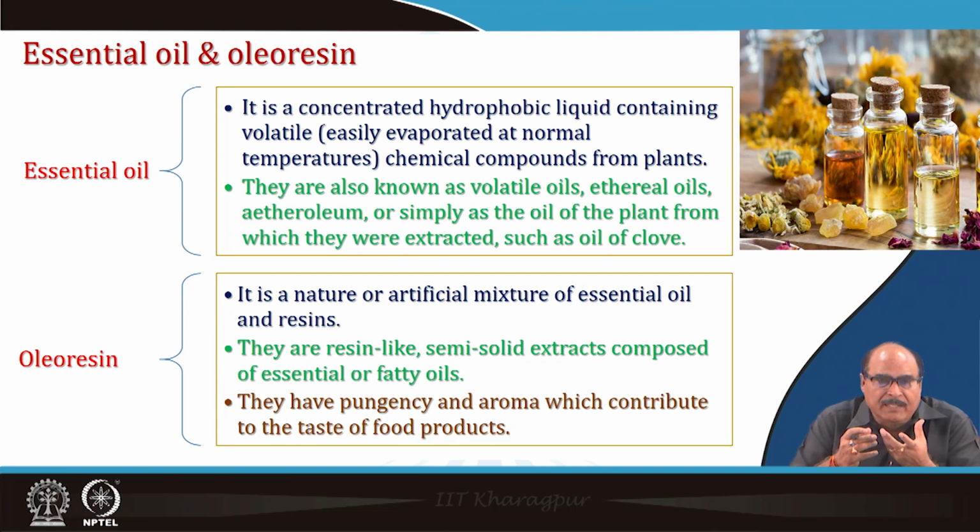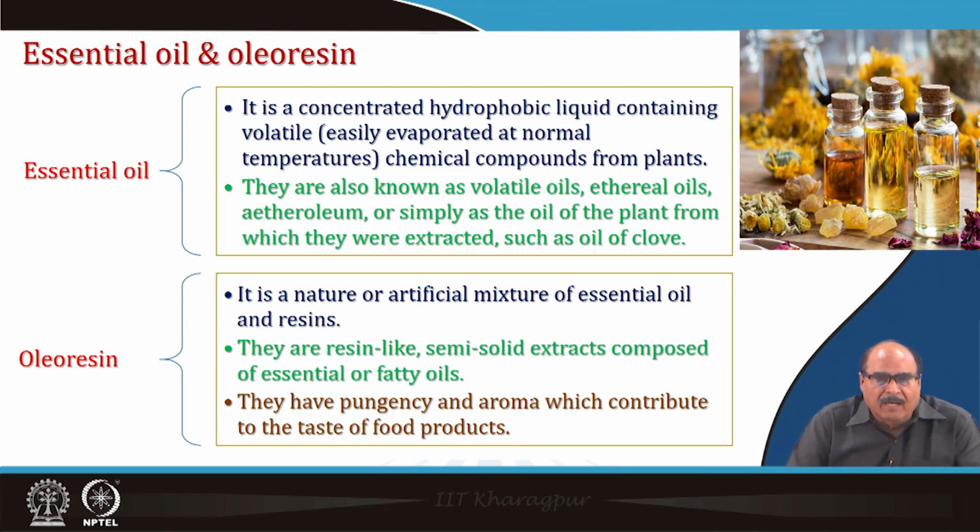The oleoresin is a natural or artificial mixture of essential oils and resins. They are resin-like semi-solid extracts composed of essential oils or fatty acids or fatty oils. So, both essential oil and fatty oils are present in the resins. They are a little bit thicker than the essential oils.